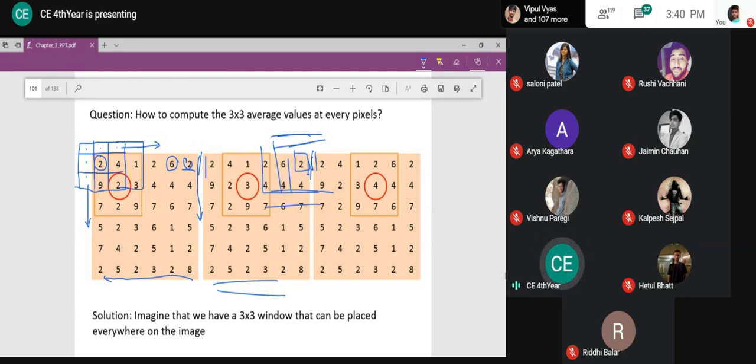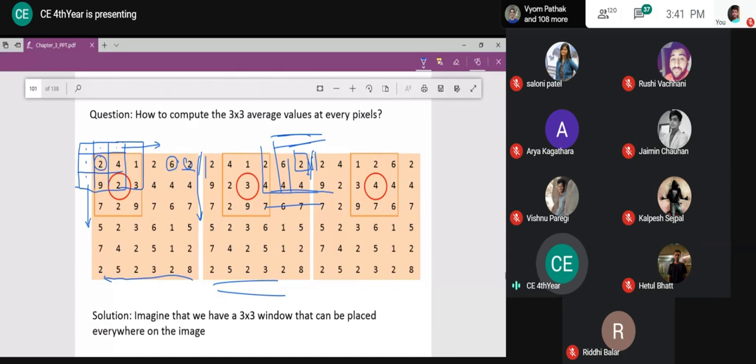If it is 3 cross 3, I need to pad one on all sides. If it is 5 cross 5, I need to pad two on all sides. How are they related? Suppose it is 7 cross 7, it will be 3 rows and 3 columns on each side, right?